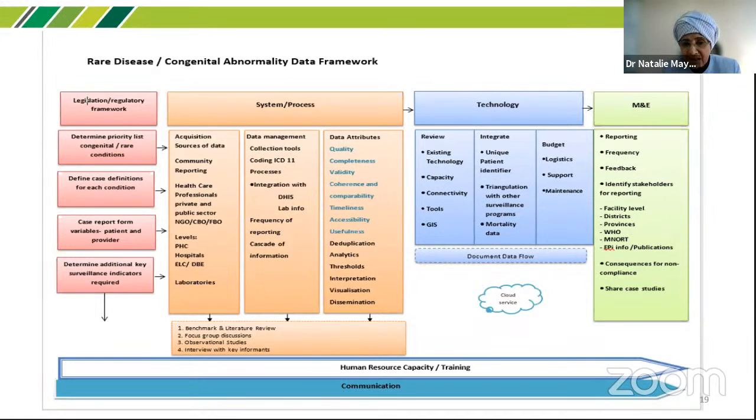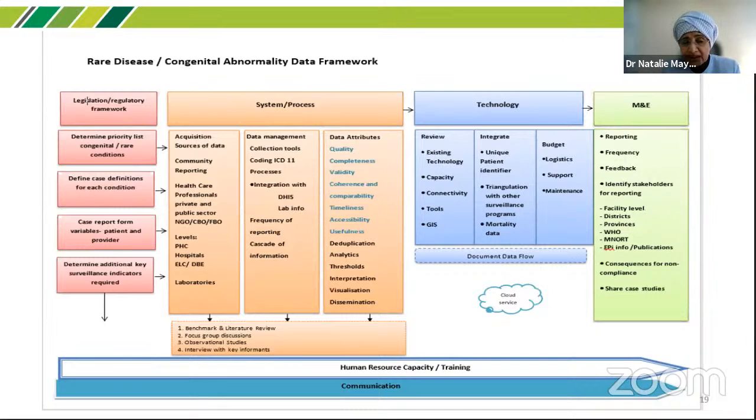Then we need the analytical capacity to be able to interpret the data, analyze it, unpack it, disseminate it, and visualize it in a way that everybody can understand. And in order for us to do this, we need to benchmark with what's happening in other countries.